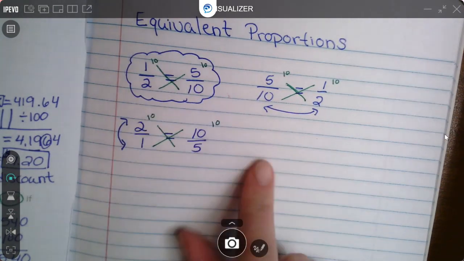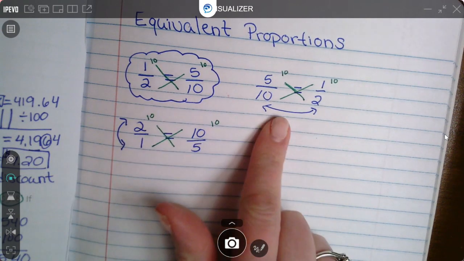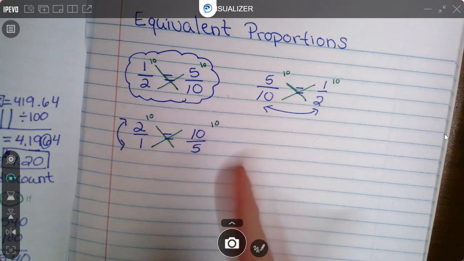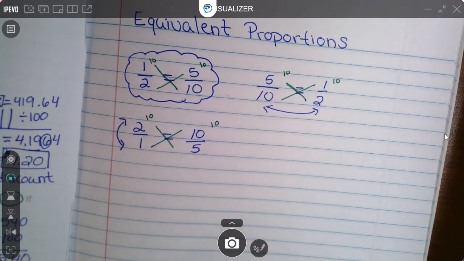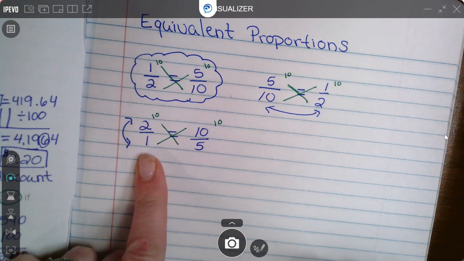So there is one more combination that we can use, and that would be combining these two. So to not only flip left to right, but also up and down. So I'm going to pick up with where I left off here, where I had flipped my proportion upside down, and then I'm also going to flip it left and right.